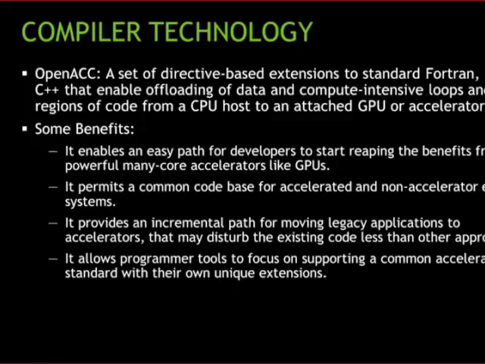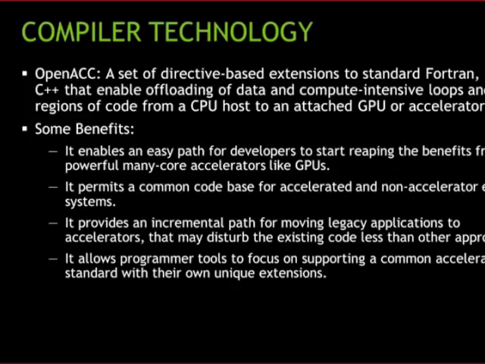The ability to do this, to obtain the quote-unquote holy grail of code unification, can only be done if we use a directives approach. And the emerging and evolving compiler technology associated with OpenACC has proven to be probably the best tool that we have today to do this.